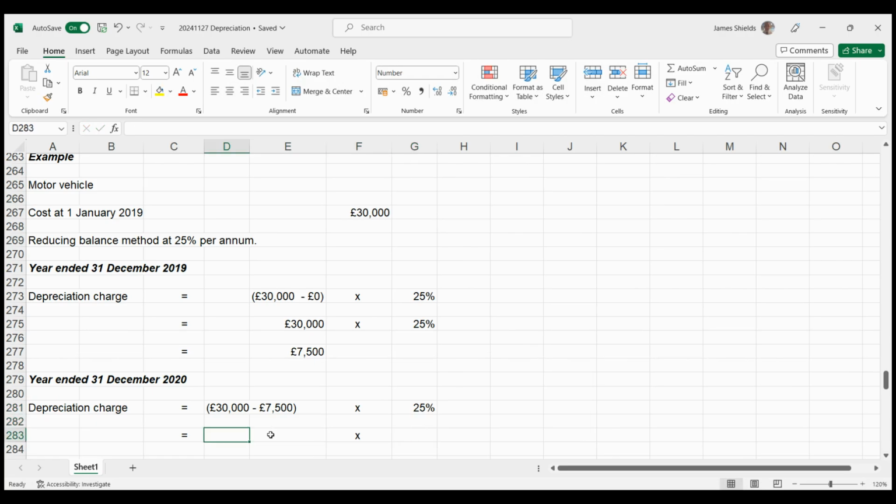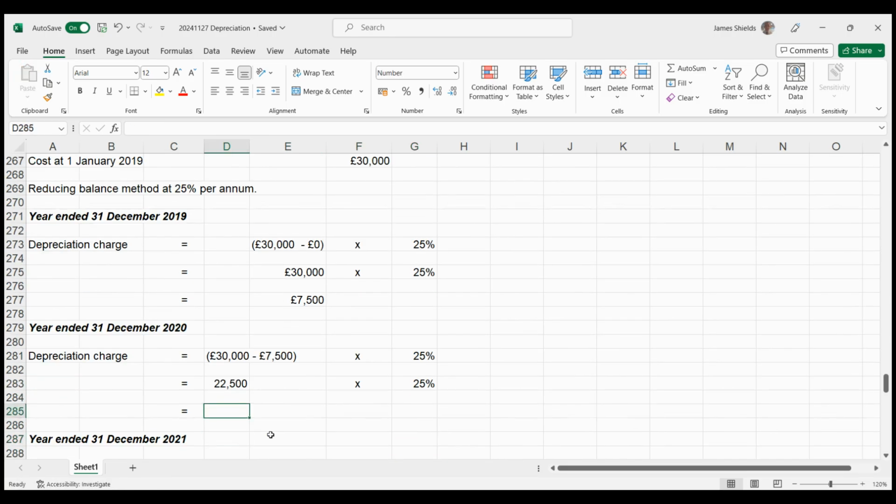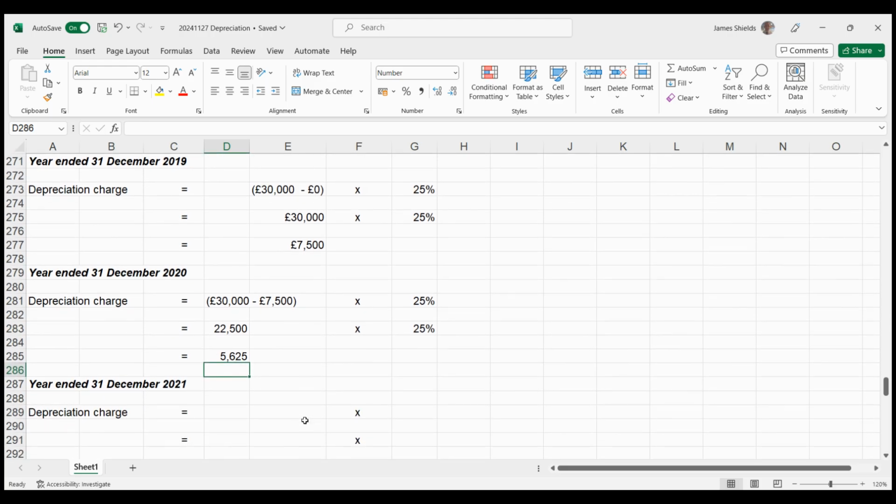So now we've got £30,000, take away £7,500. That's going to be £22,500. Then times that by our 25%. So 22,500 times 25% is going to give us £5,625.